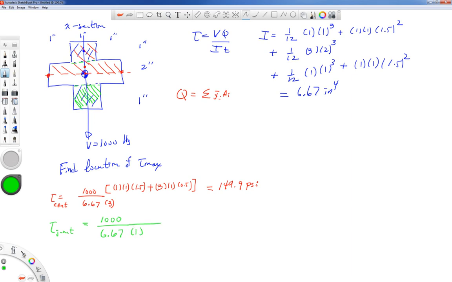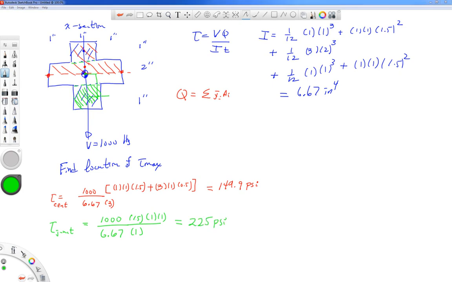And the Q area is going to be, the area is going to be 1 by 1. And the distance from the centroid of the cross-section to the centroid of that shaded area, that is 1.5. All right, let me see what I get for that.